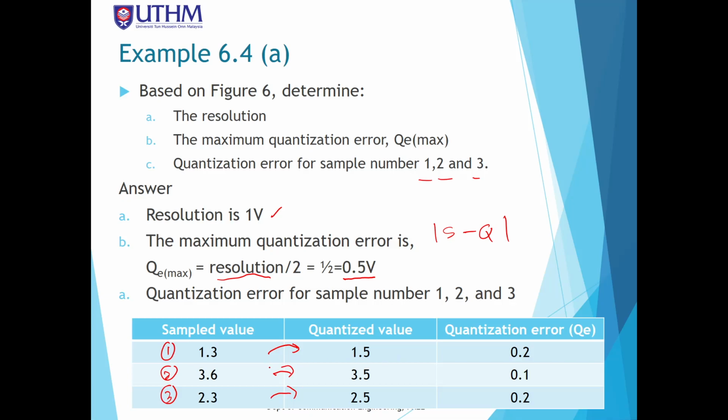So 1.3 minus 1.5, modulus, we get 0.2 quantization error. 3.6 minus 3.5, modulus, we get 0.1. 2.3 minus 2.5, modulus, so we get 0.2 volt. Okay, so these are the errors, the rounded up value.